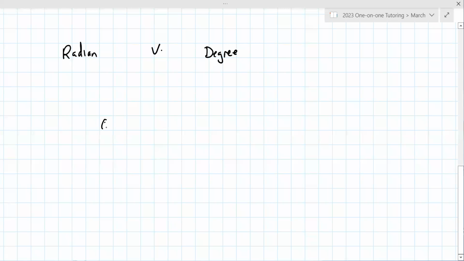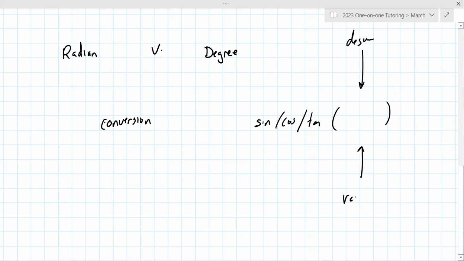There's a conversion formula, but your sine, cosine, and tangent will all take in either a degree or a radian. Oh, so I can apply this either way. Is radian on the calculator as well? It is. So it's the same thing except instead of degrees, I just click the radian option instead. Yeah.